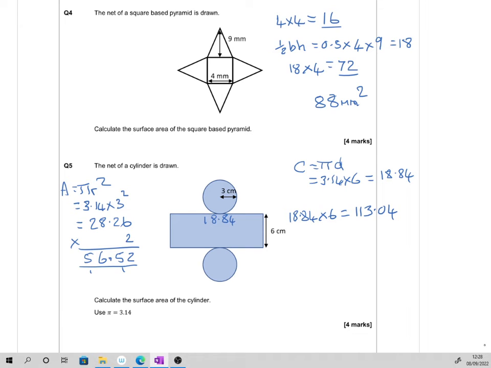So to find the whole area, we need 113.04 plus 56.52, and that will be 169.56 centimeters squared. There's the answer to that one.